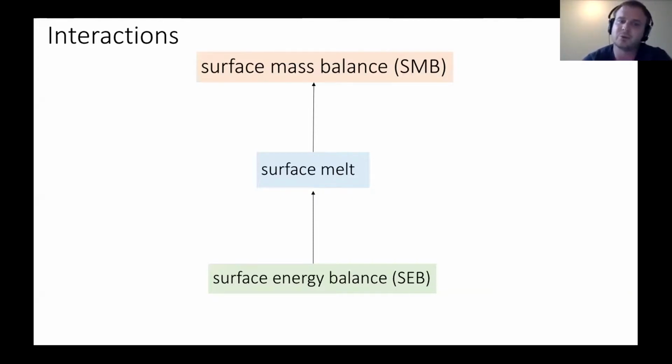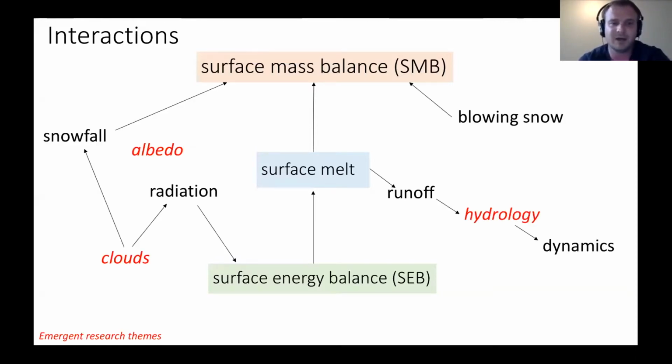And when this liquid water does not refreeze in the snowpack, it will run off, and it will basically lead to a surface loss term in the surface mass balance, and that's called the runoff. So the surface mass balance is governed by the surface melt, which is in turn governed by the surface energy balance. And I'd like to point out some of the ongoing interactions.